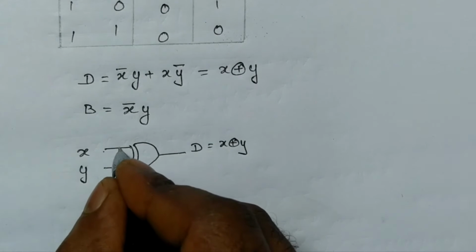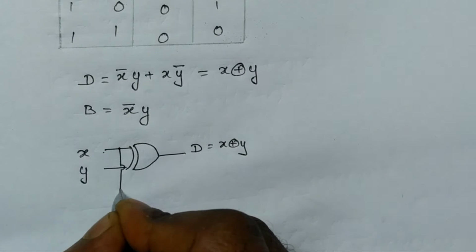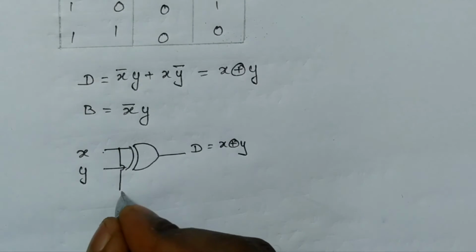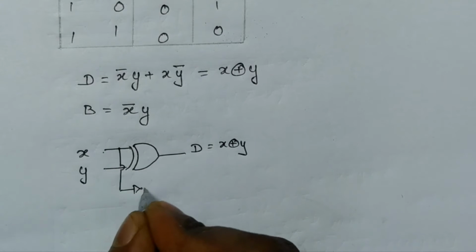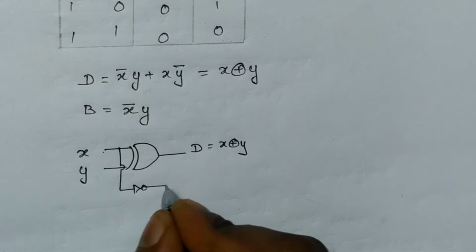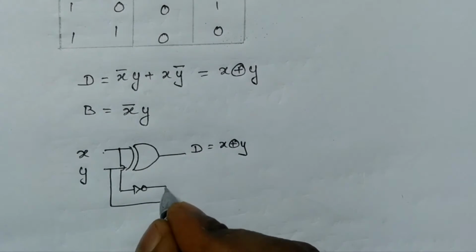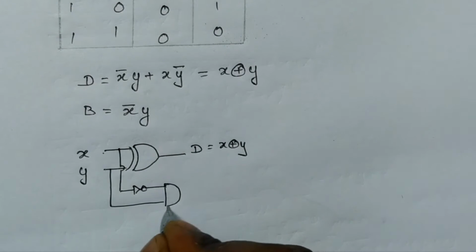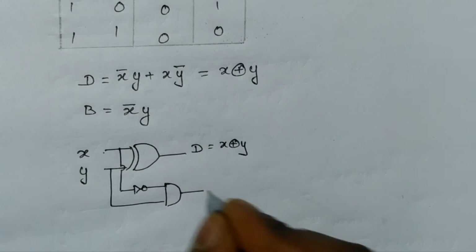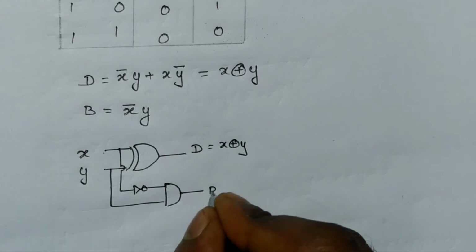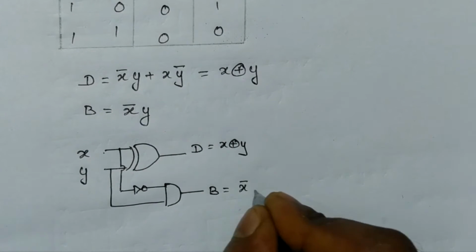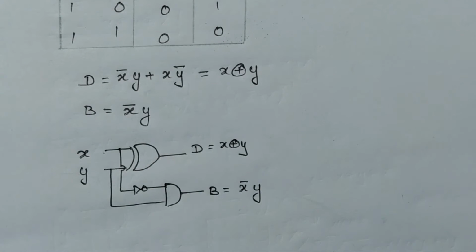Then for borrow, one input is x bar, and another input is y. Here both are having AND operation, therefore the output is borrow, which is nothing but x bar y. So this is the implementation of half subtractor.